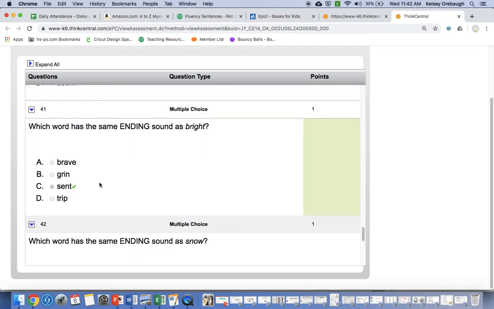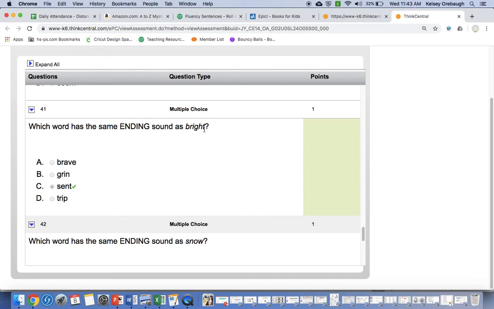Okay, two more. 41. Which word has the same ending sound as bright? Bright. Bright ends in the T sound. Okay, let's look at our choices. I see brave. Brave ends in the V sound.